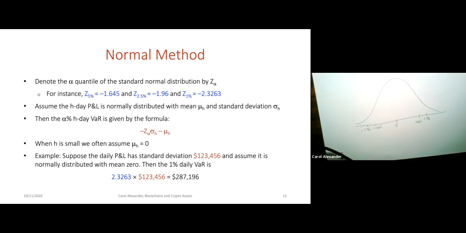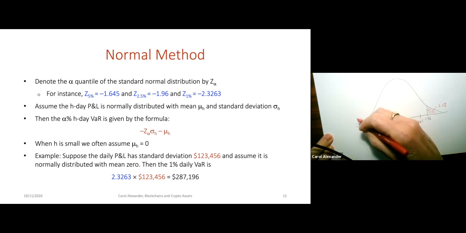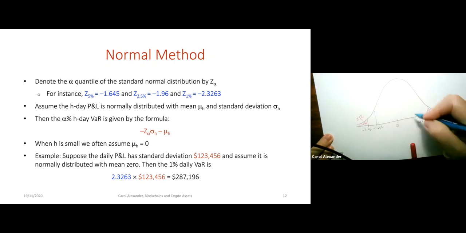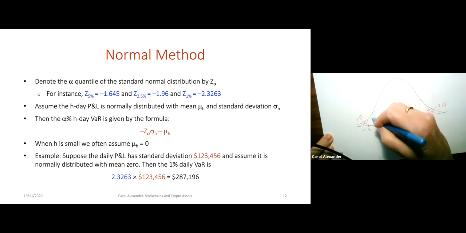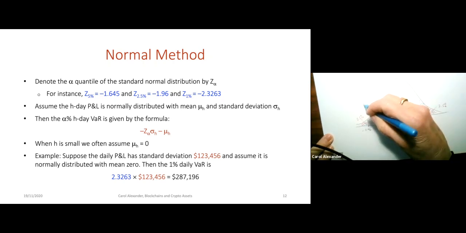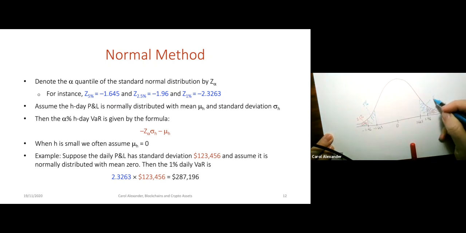So this area and this area together make 5%. So that's 2.5%, and that's 2.5%. And for the 1.645, this area and this area are each 5%, or together they're 10%. And similarly, you can go up to just have like 1%, that's minus 2.33.